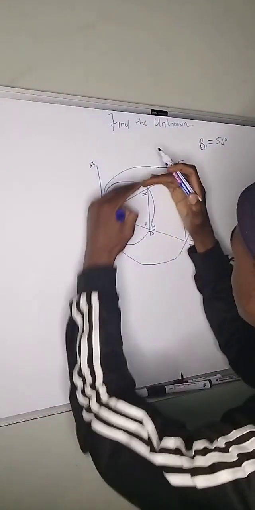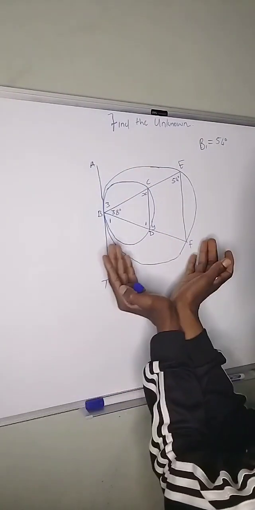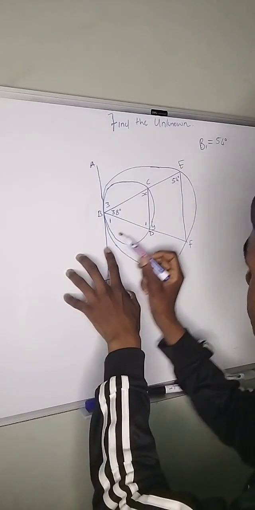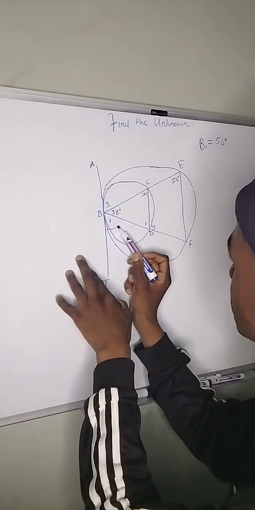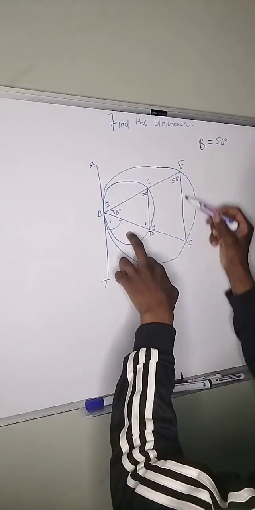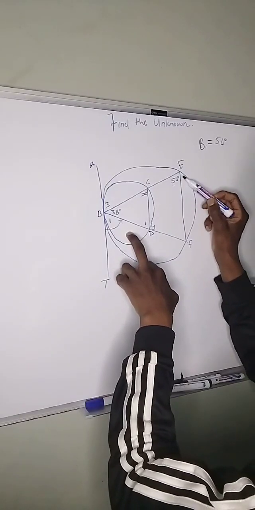But don't be confused. There's a small circle and there's a big circle, right? This B1 is related to the small circle and it is related to the big circle.